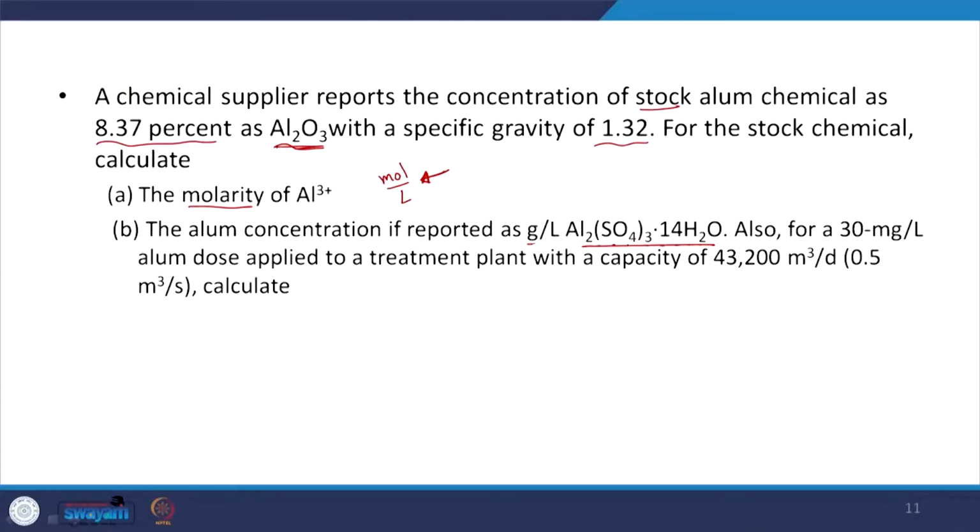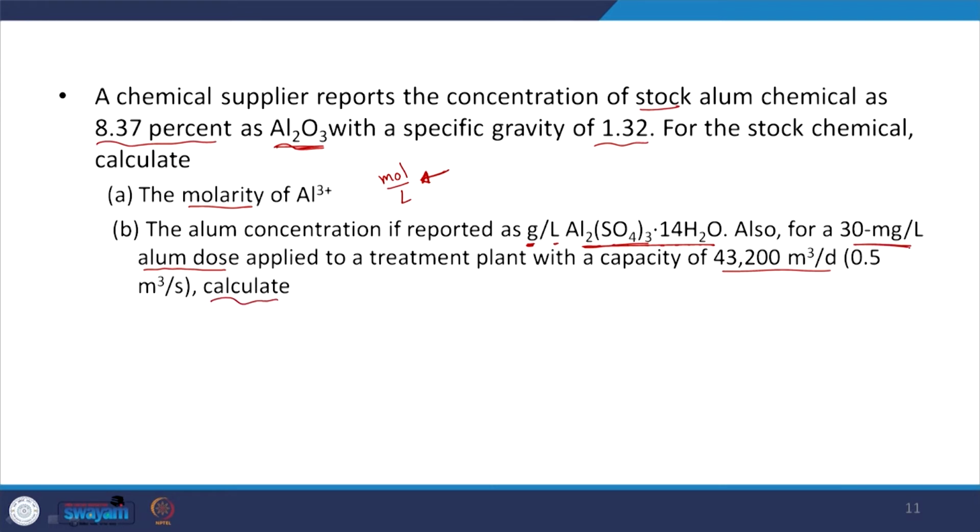So, units are sometimes expressed as the mass of alum per liter that needs to be added. So, right, you are going to have such units too. So, it is reported as grams of Al2(SO4)3·14H2O. And also for a 30 milligram per liter alum dose, with a flow requirement of this, right, calculate, we will look at that.